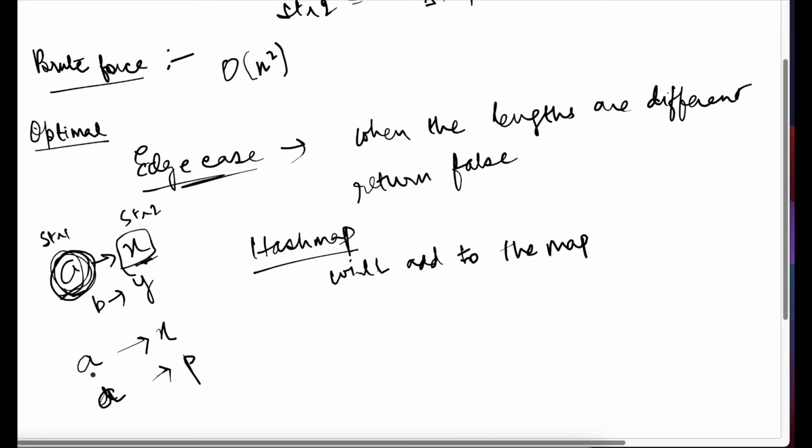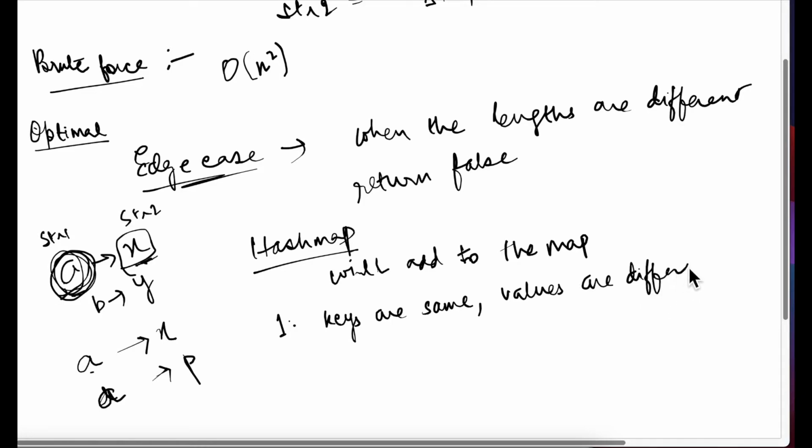No, because the key is the same but the values are different. If such a scenario occurs, then we should not be returning true, meaning we should not be saying the strings are isomorphic. So what will be our negative scenarios? Number one will be keys are the same but values are different.